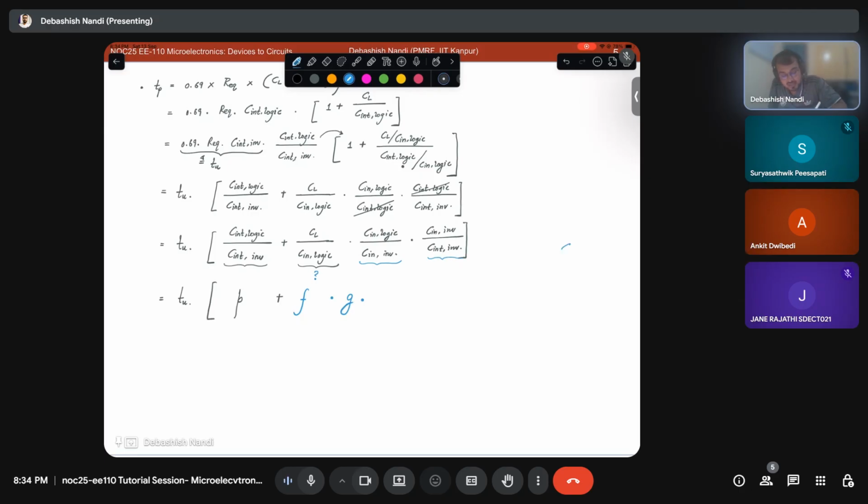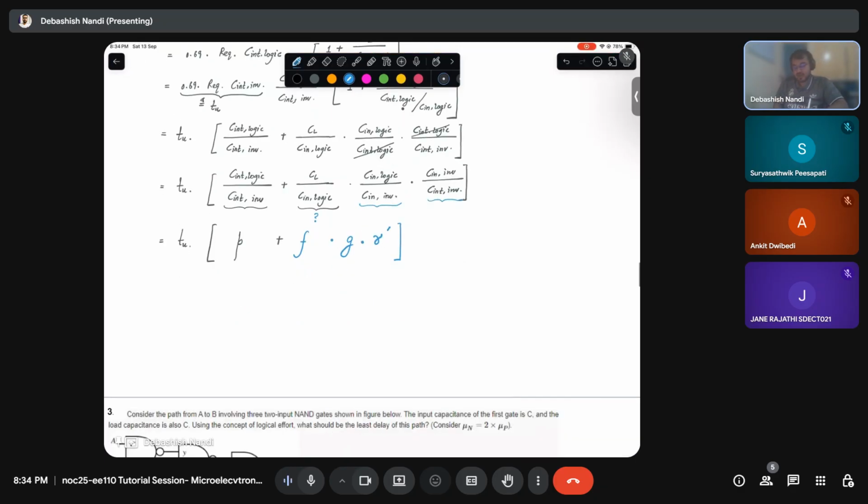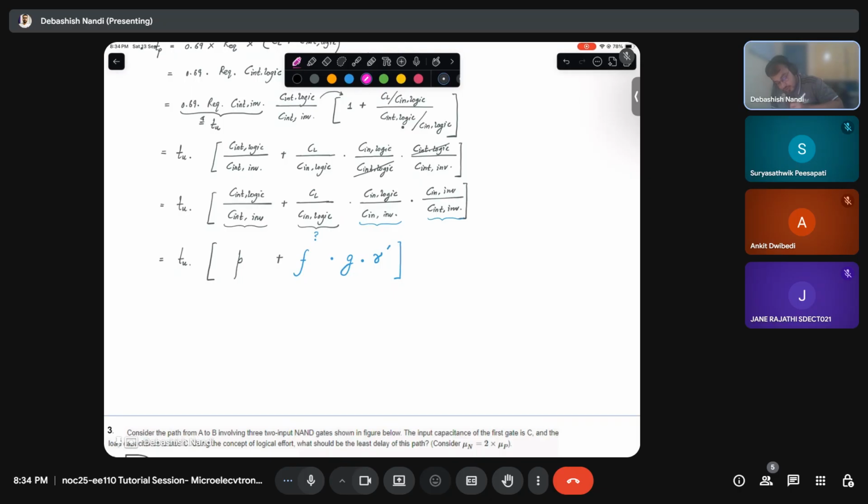No, gamma was C internal by C in, right? It is gamma inverse. So let us call it gamma dash. Fine. So this is called unit delay of inverter. This is called parasitic factor.